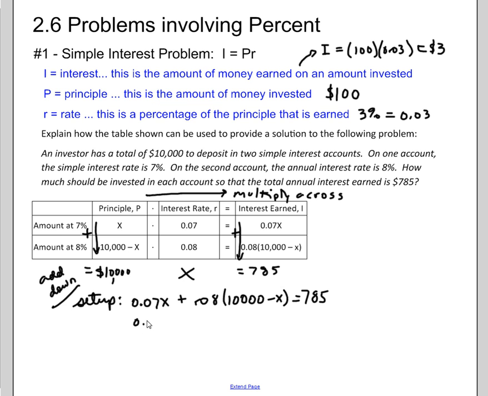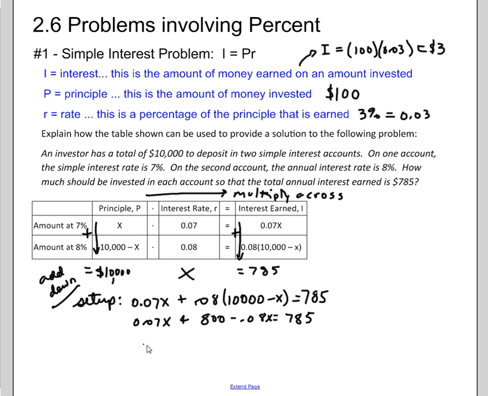I'll go through some of the algebra. Let's go ahead and multiply. If we take 0.08 times 10,000, we get 800 minus 0.08x, and that will equal 785. Remember, if you're solving an equation, you have to simplify both sides as much as possible. So we're going to take 0.07x and subtract away 0.08x.